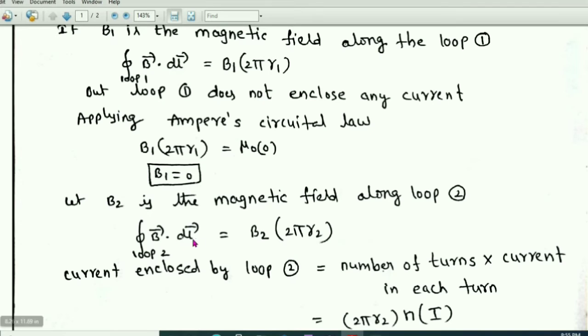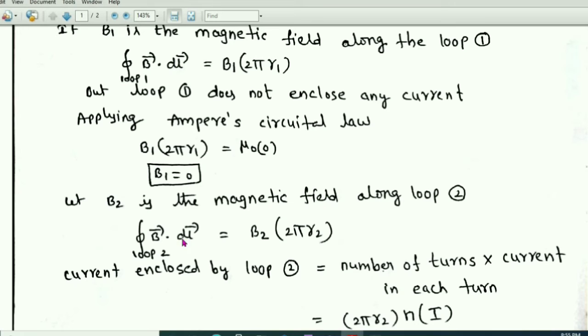Now the line integral of B bar dot dl bar at loop 2 is equal to B2 times the integral of dl bar, which means the total length of the loop 2, that is 2 pi r2, because the circumference of a circular loop is 2 pi r and the radius of the second loop is r2.